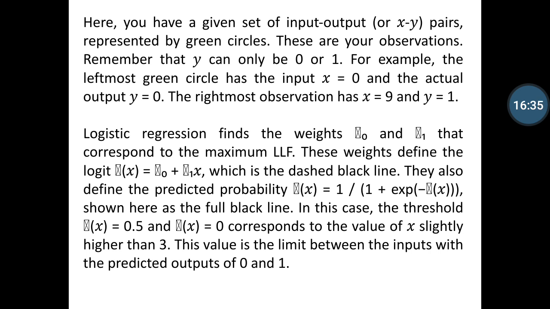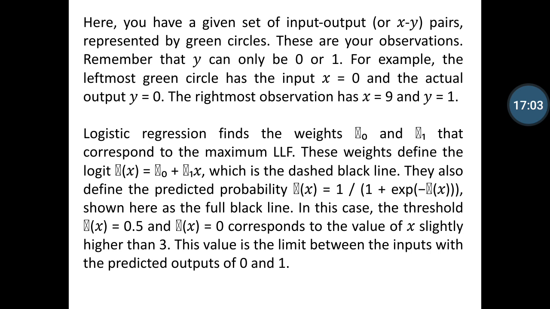The rightmost observation has x equal to 9 and y equal to 1. The logistic regression finds the weights b0 and b1 that correspond to the maximum LLF. These weights define the logit f(x) equal to b0 plus b1x, which is the dashed black line.